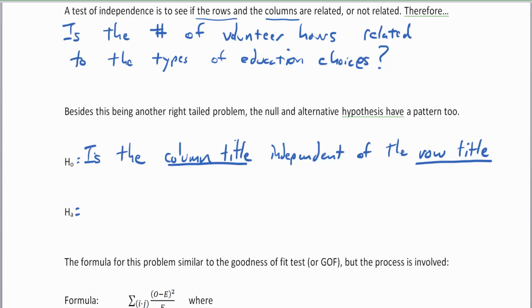Basically, for the null hypothesis, and I shouldn't phrase that as a question, I'm going to phrase it as a statement: the column title is independent of the row title. And for the alternative hypothesis, you would say the column title is dependent on the row title. So they have a relationship.